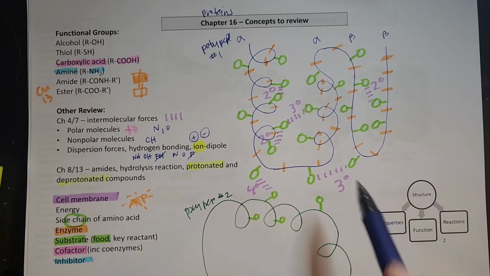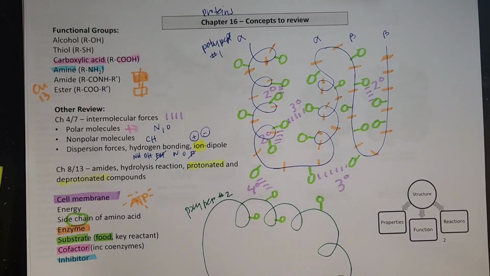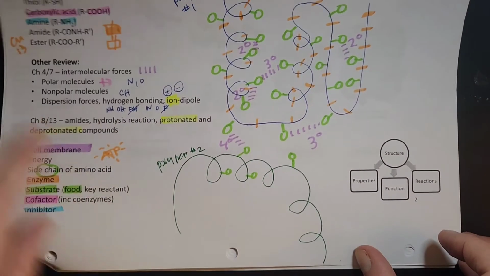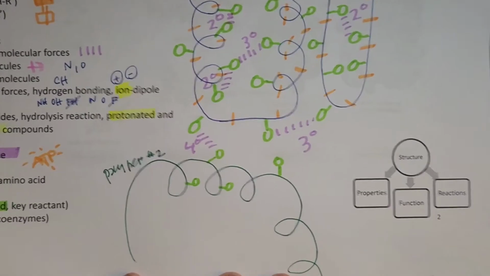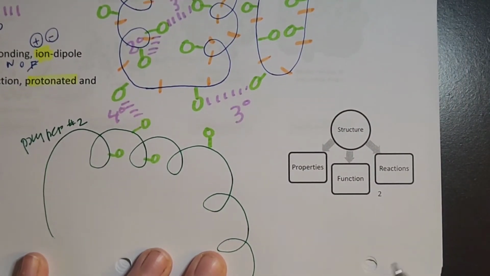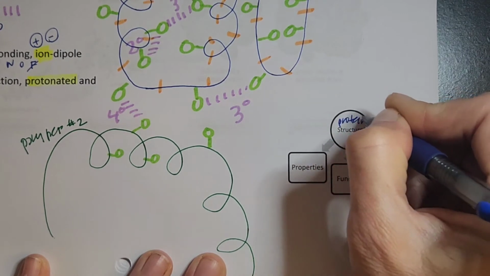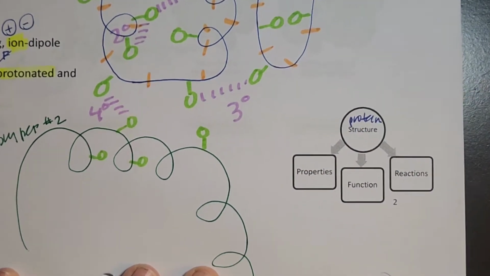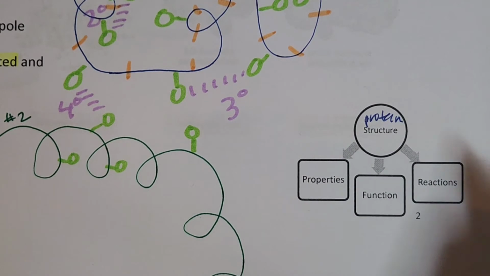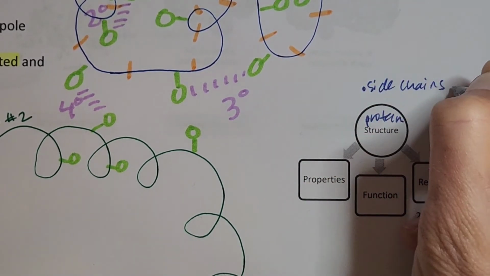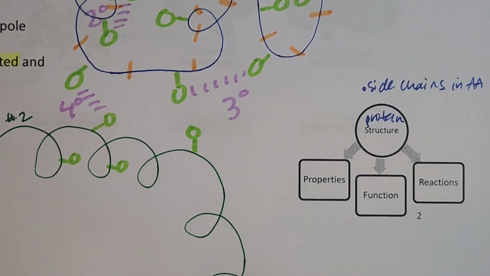So that is kind of a big picture sketch that we will come back to throughout the chapter in some different formats. As far as our structure and properties and function go, I'm going to zoom in a little bit here. Some of the things that we will notice in our proteins is that side chains on amino acids are going to be very important in our structure.